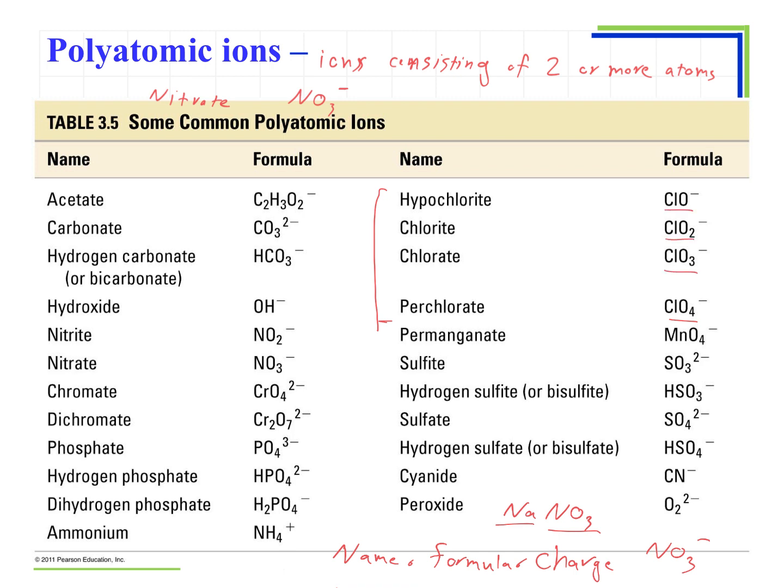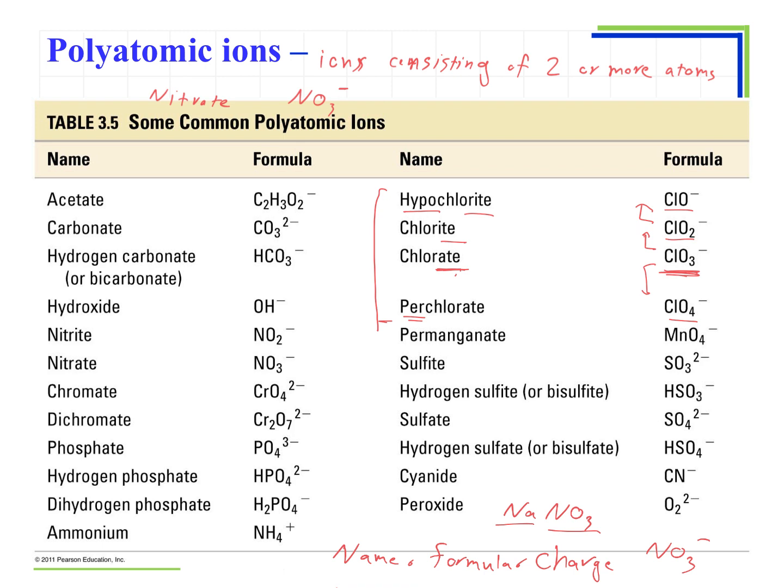So what you need to memorize is the one ending with ATE, chlorate. When you add one oxygen, it becomes perchlorate. When you lose one oxygen, the ATE becomes ITE. So chlorate becomes chlorite, and losing one more oxygen makes it hypochlorite.